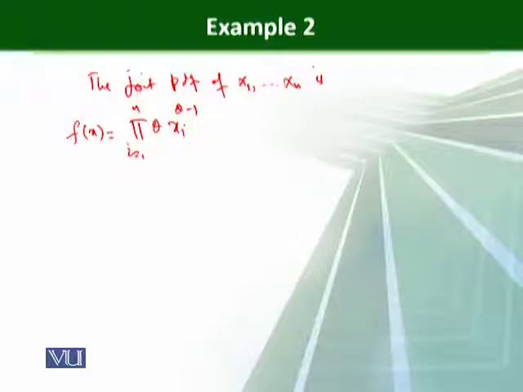When we evaluate this further, that will be basically theta raised to power n into the product, i varies from 1 to n, of xi raised to power theta minus 1.